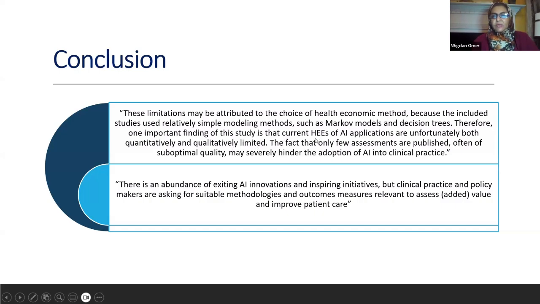The fact that only few assessments are published, often are of suboptimal quality, may severely hinder adoption of AI into clinical practice. The other note in the conclusion is that there is abundance of existing AI innovation and inspiring initiatives, but clinical practice and policymakers are asking for suitable methodologies and outcome measures to assess the added value. The most important thing here is, what is the added value? It should be clearly stated and properly calculated.